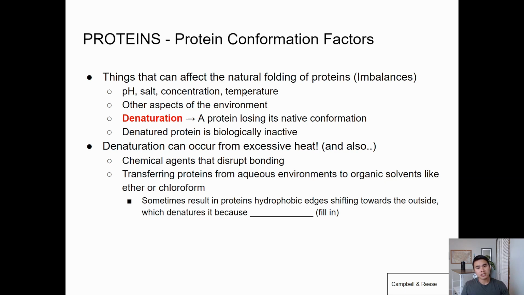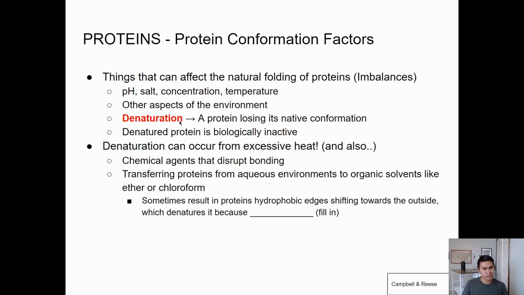It's also why our body is so focused on maintaining homeostasis and going back to our stable self, because we have to maintain all of this so that we can have naturally, correctly folding proteins.